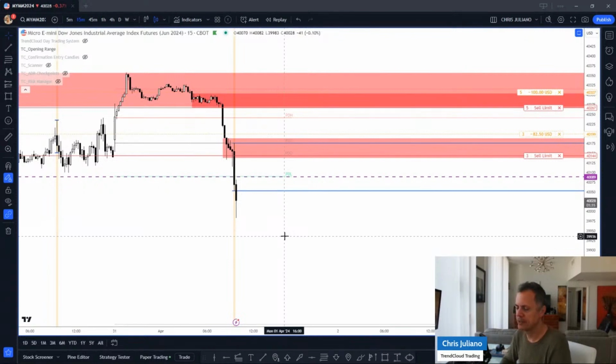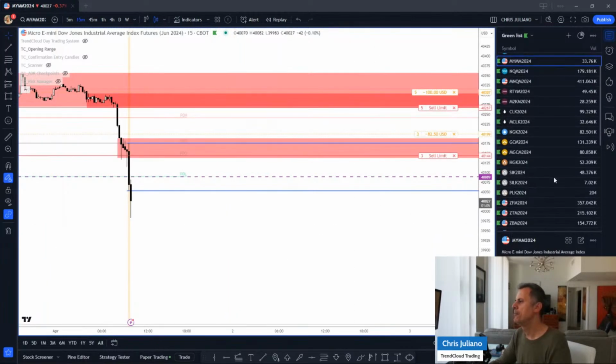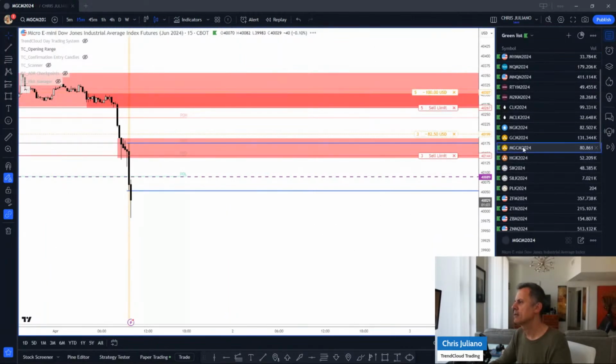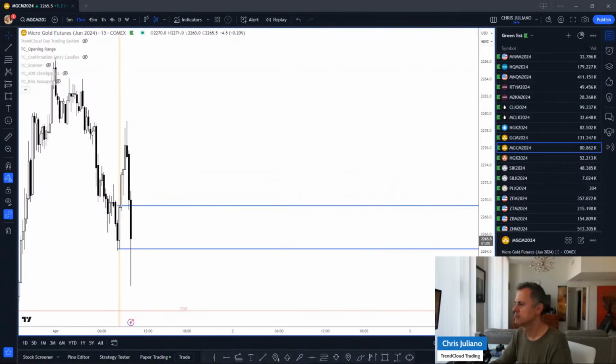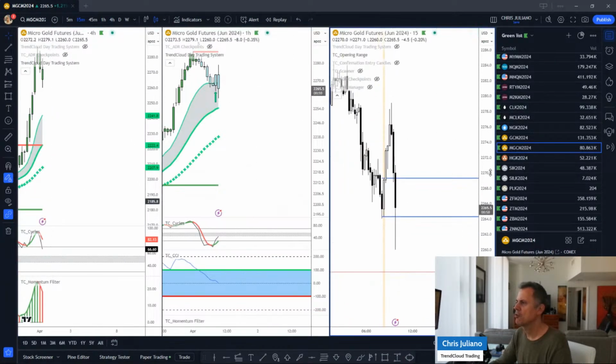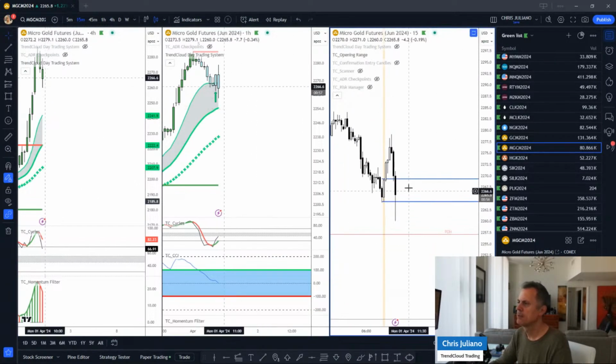That's what you've got to figure out. That's how you have to organize everything. Lay it all out like that. Let's see what happened with gold today. All right, here's the opening range on gold.